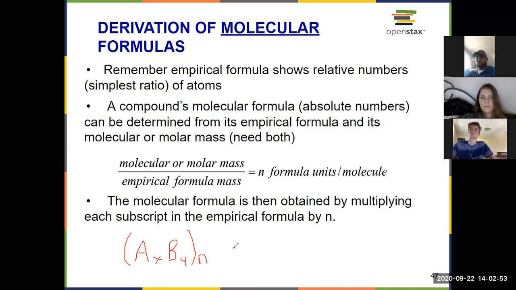And then we just distribute that N through. So if it was CO2, but 2 of our empirical formulas went into the molecular formula, then it would be C2O4. You just multiply each subscript by that factor. So it would be A sub X times N, B sub Y times N. Yeah, and this will probably be easier to see when we do another example.